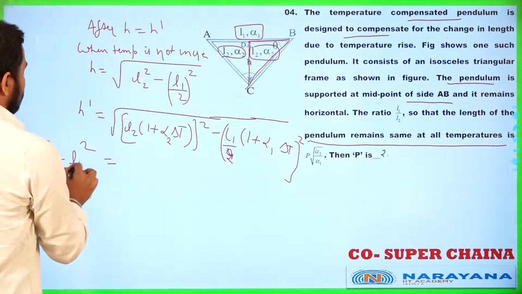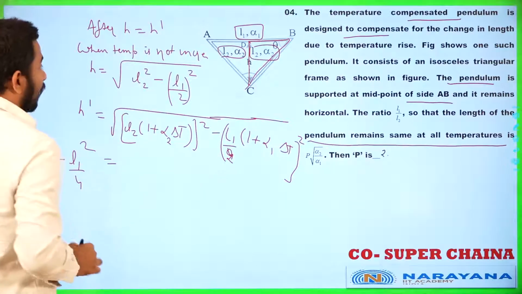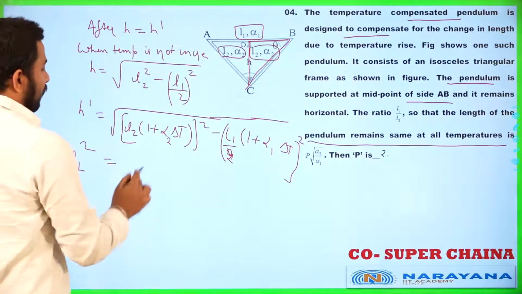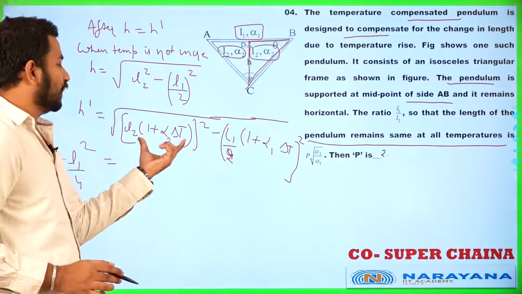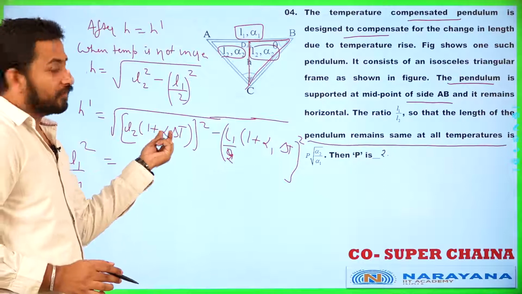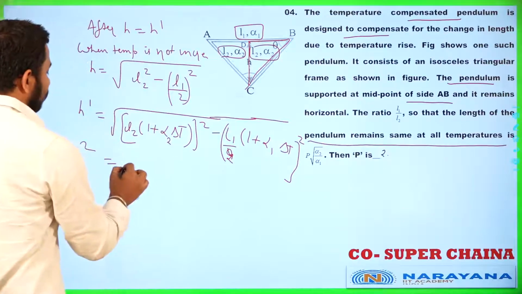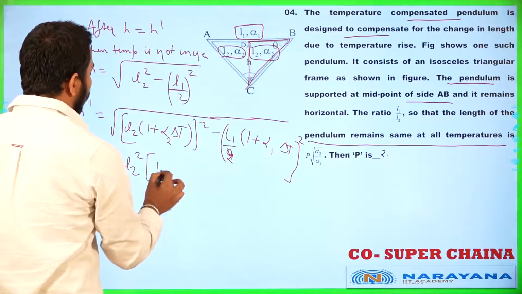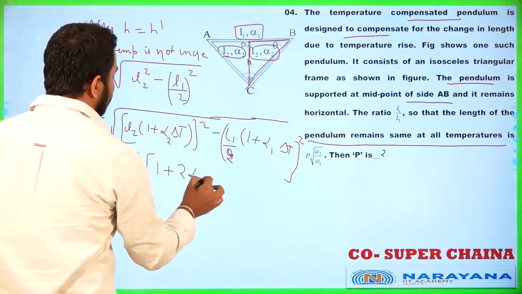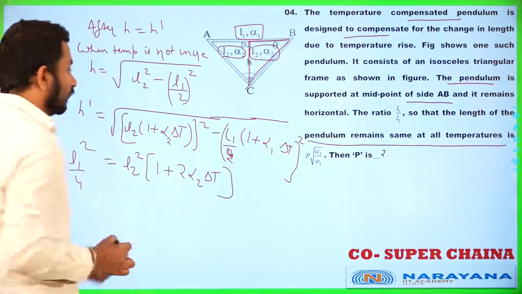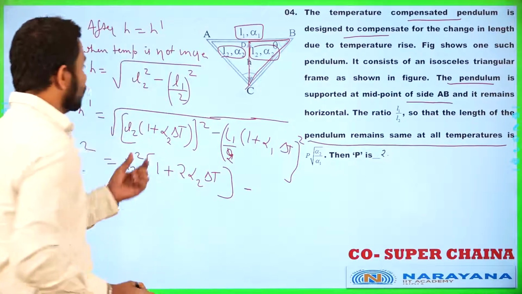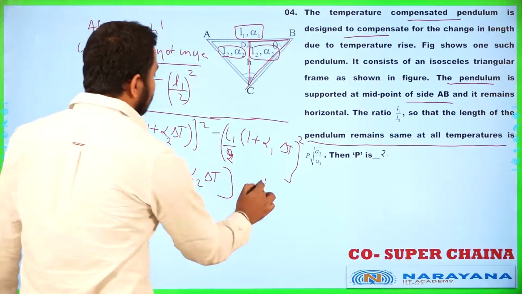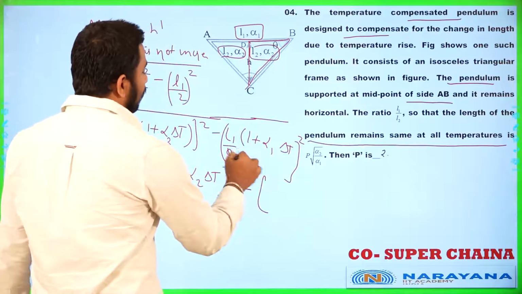The root I can cancel out here. And if we expand this, it is a binomial expansion. So it will come with 2 alpha. L2 square into 1 plus 2 alpha 2 delta t, and we have a minus sign here, and this will come with this whole square.